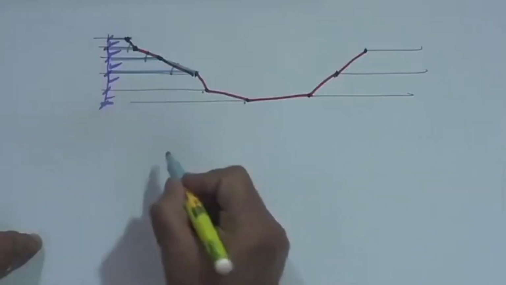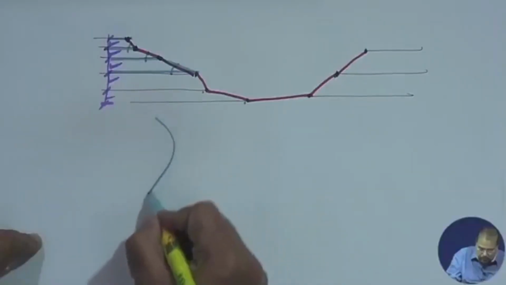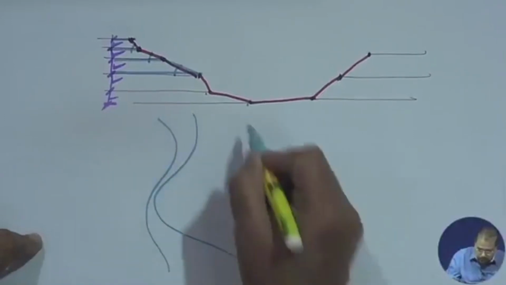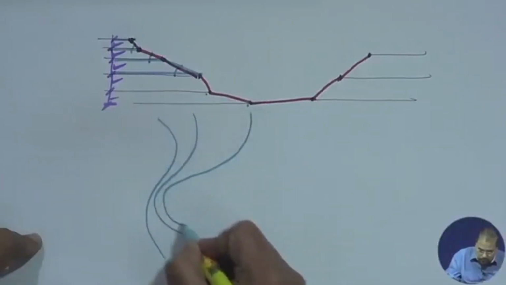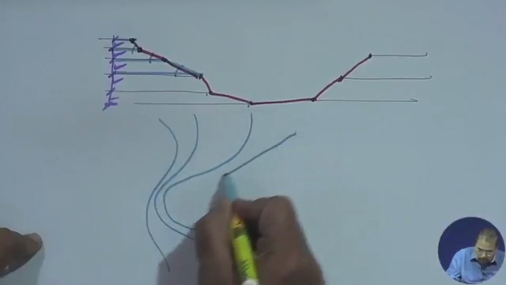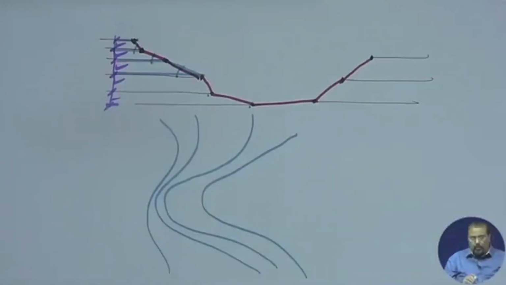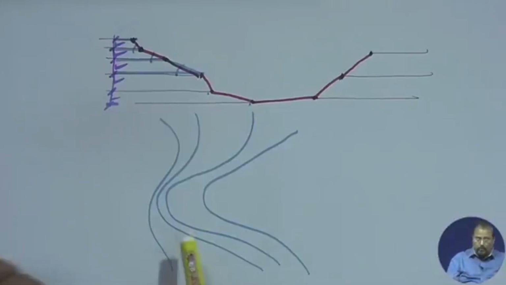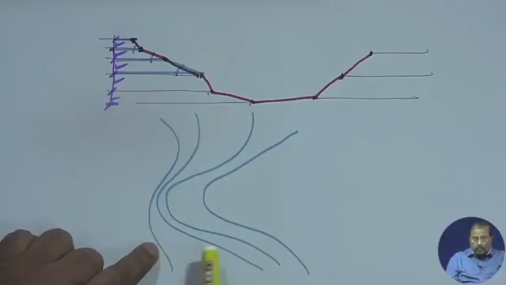So, now I will show you a contour line, say I am just drawing arbitrarily. What you have to infer over here is first level, next level, next level and next level.